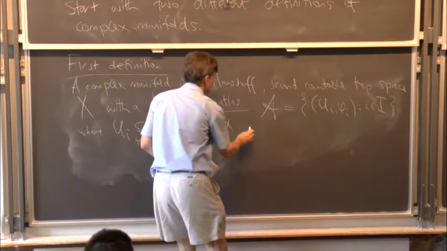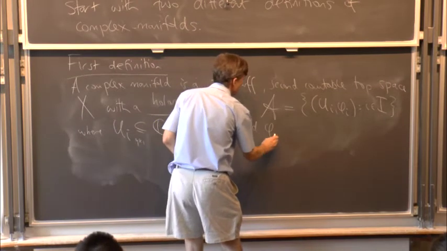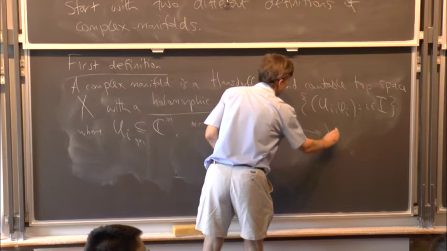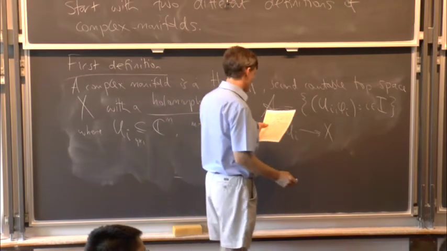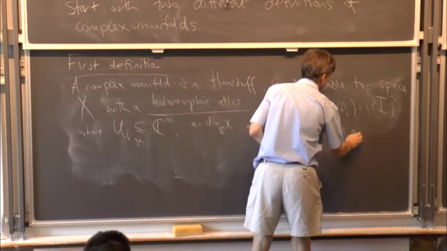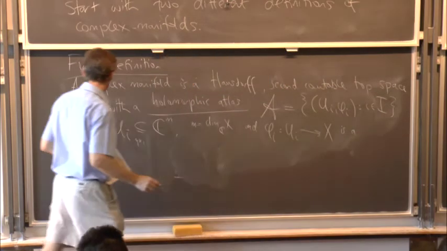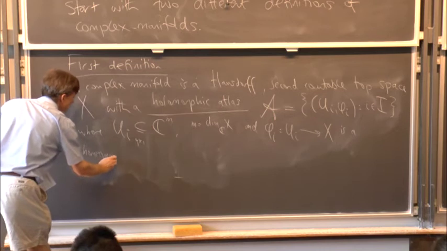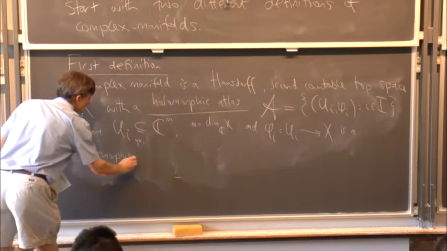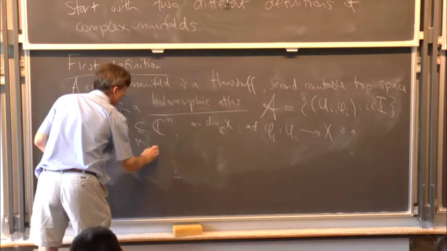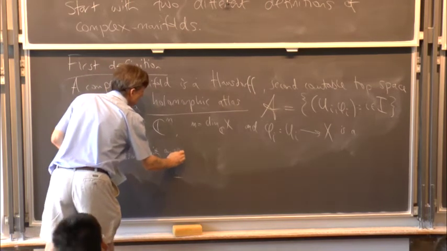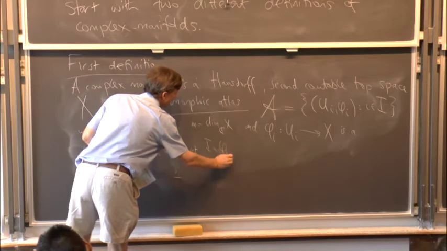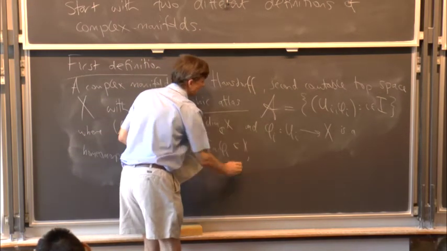And again, phi_i, going from our set U_i into X, is a continuous map of topological spaces. It's a homeomorphism, an isomorphism in topological spaces, with an open set, the image of phi_i contained in X.